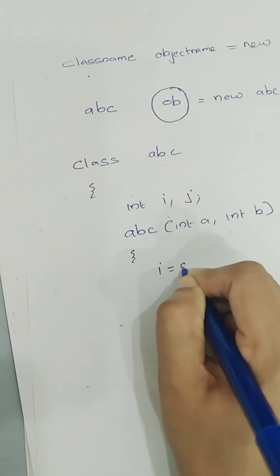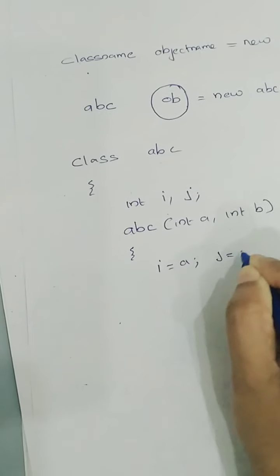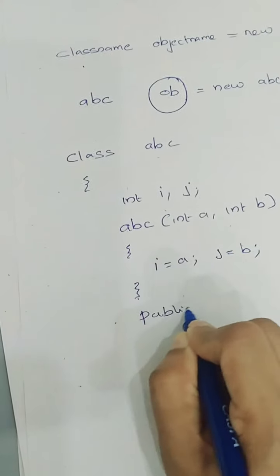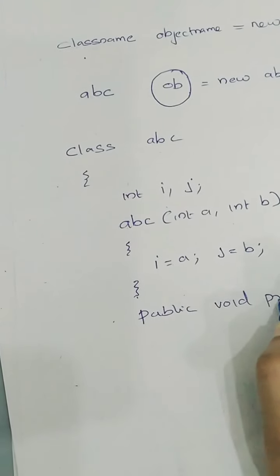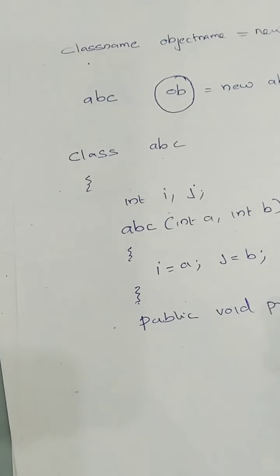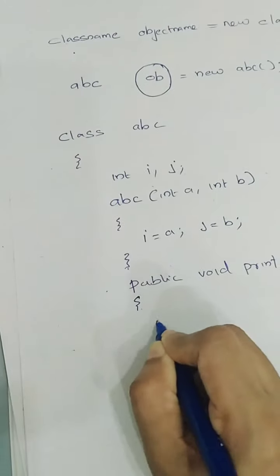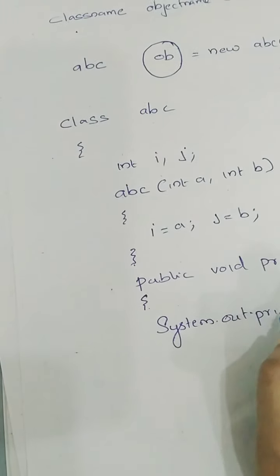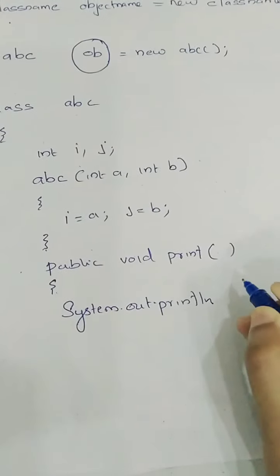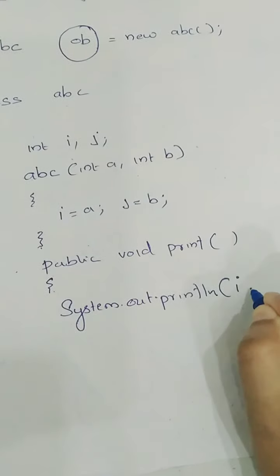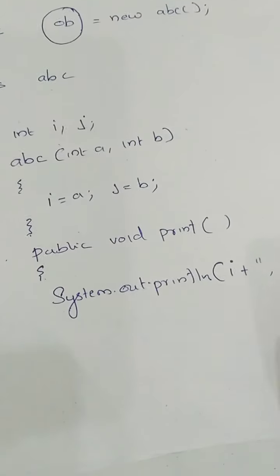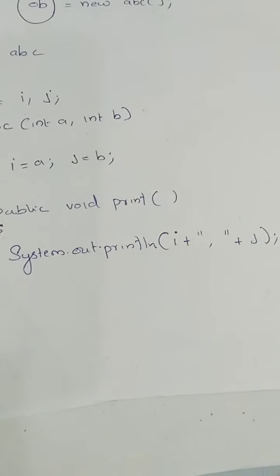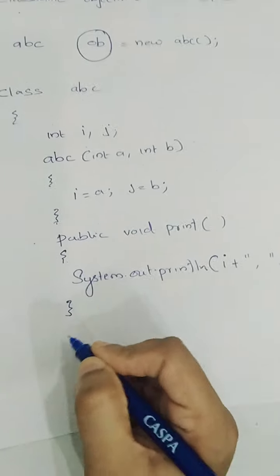Inside that I am assigning i is equal to a and j is equal to b, and I am writing another method, let it be print, with no parameters, and inside this I am simply printing i and j. How will you print i? i plus space or comma plus j. Otherwise it will be i plus j, it will add and give you. Okay, and this method is closed.